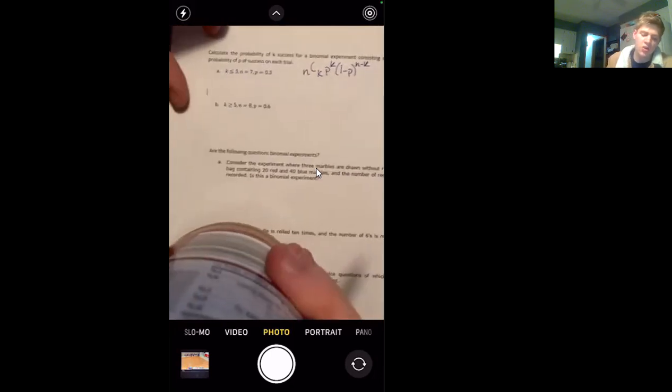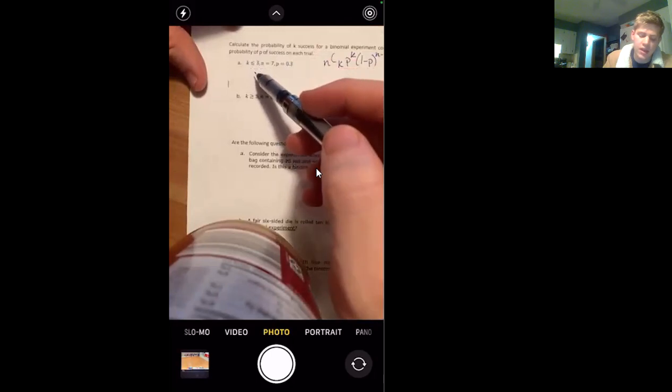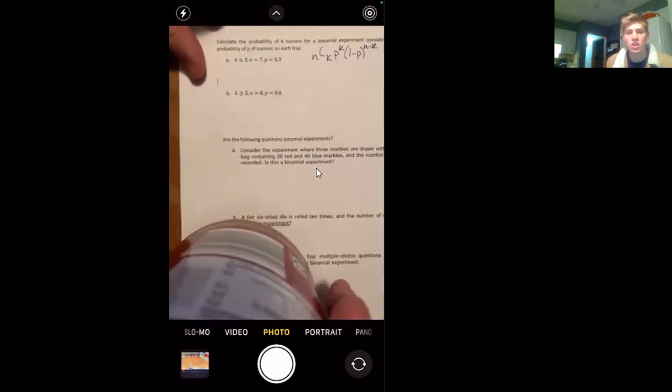Okay, so now we got to interpret this. So k is at least 3. So you got to interpret all the different scenarios here. It's not just going to be k equals 3. You got to include k is 0, k is 1, k is 2, and then k is 3.